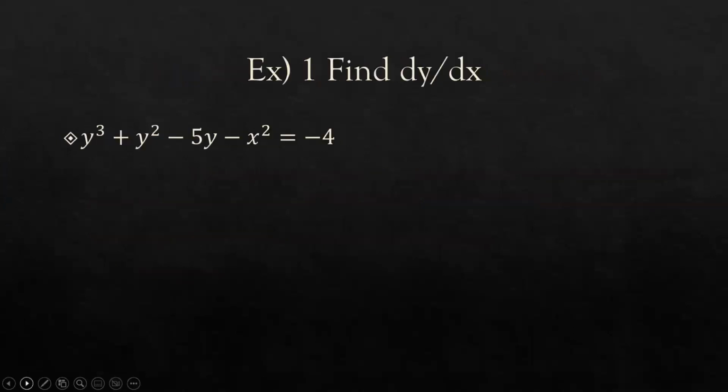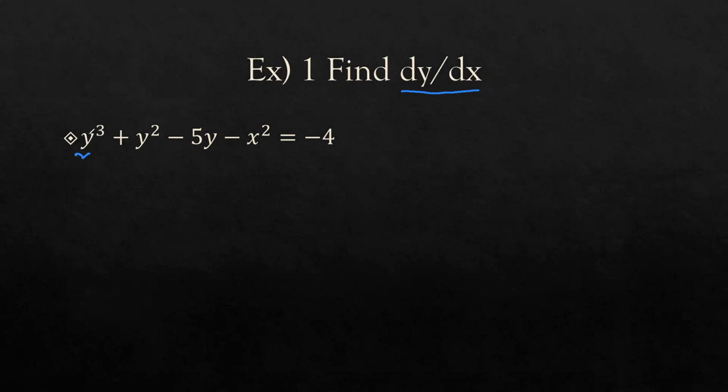Let's do one example. Example 1 says find dy dx. So we're going to do implicit differentiation. So dy dx means we are taking the derivative of each term in respect to x. Okay, so let's start with this term, y cubed. What's the derivative of that in respect to x?